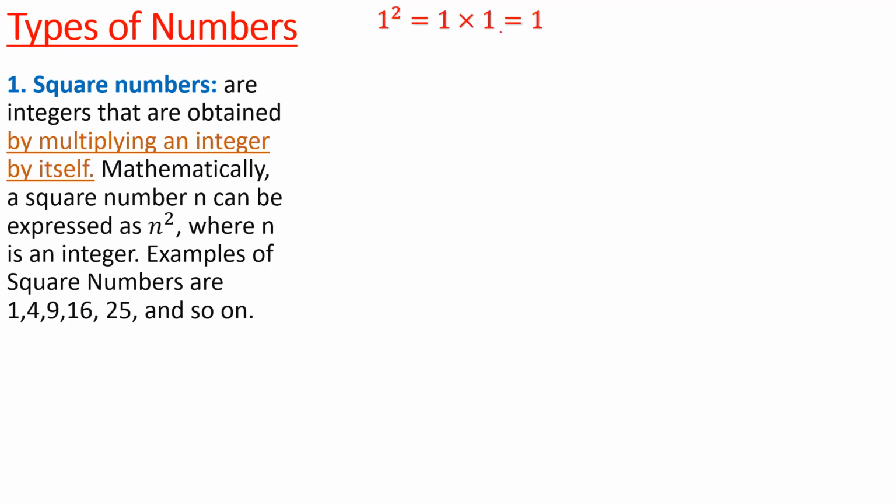So what is 1 squared? 1 times 1, which is 1. Very good. What is 2 squared? 4.